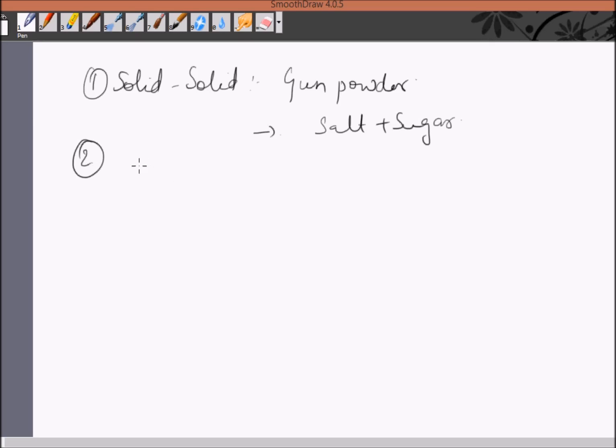Now if we talk about solid and liquid, it is a very common example you can see in our daily life. We have tea, coffee, right? Or you can have sand in water.